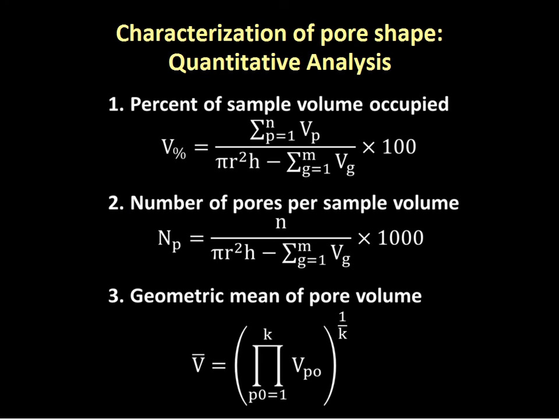The second value I calculated was the number of pores per sample volume. This is also sometimes referred to as number density, and it corresponds more with the quantity of the pores in the sample. And the third value I calculated was the geometric mean of pore volume. This corresponds with the size of the individual pores.